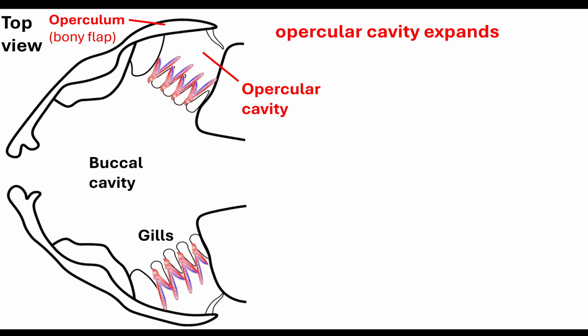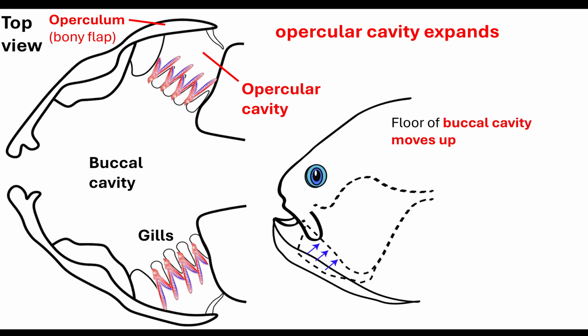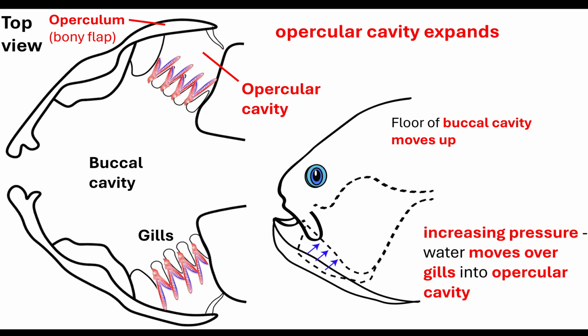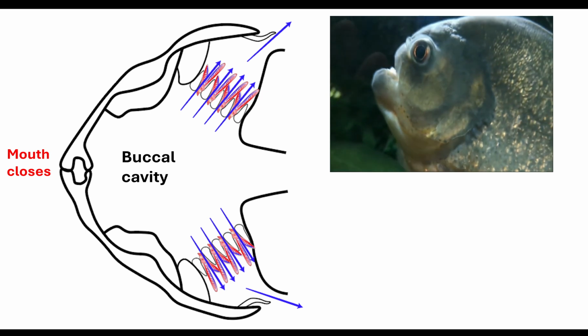Now, what the fish will then do is they will actually expand the opercular cavity. By expanding the opercular cavity, they are changing again the volume. The floor of the buccal cavity is going to move up, and that's going to again increase the pressure, and that will cause water to move over the gills and into the opercular cavity.